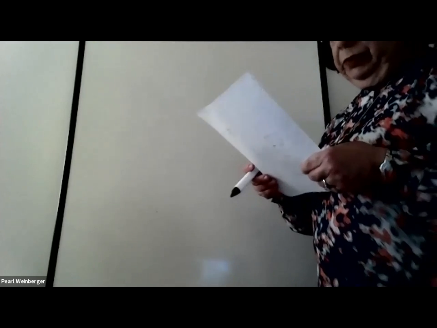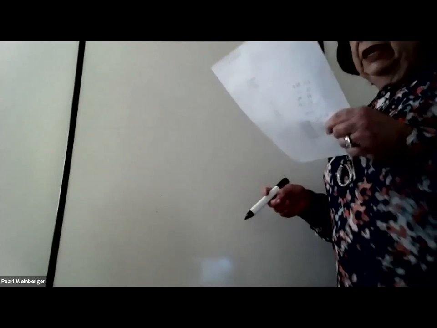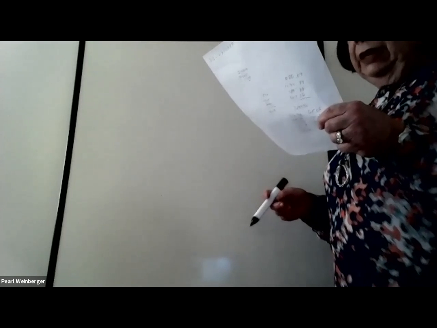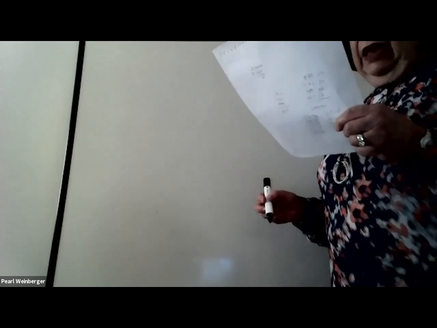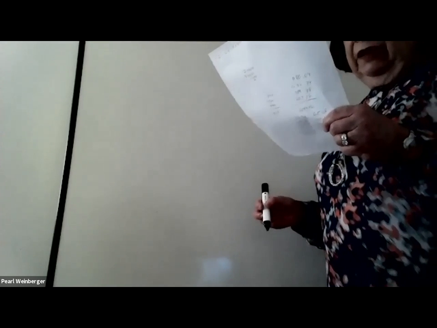Now, if I look at number 16, it says the length of a rectangle is 2 more than the width, and the perimeter is 80. Find the dimensions of the rectangle.